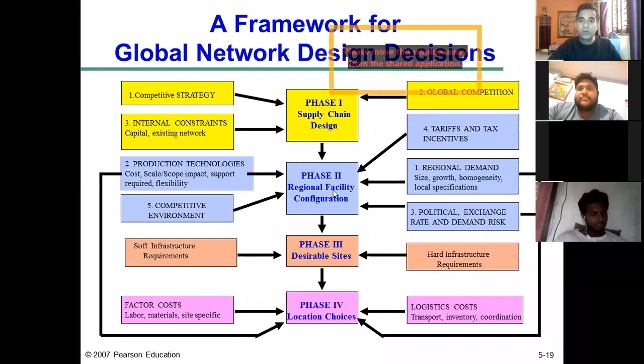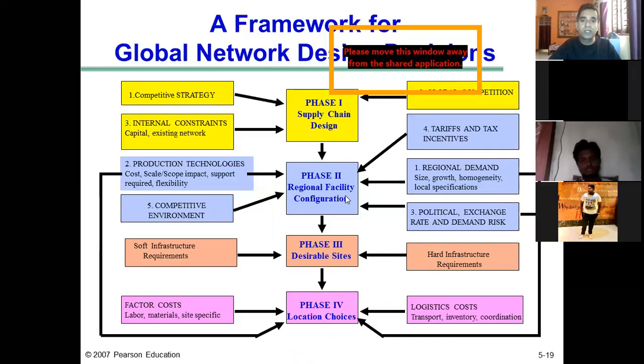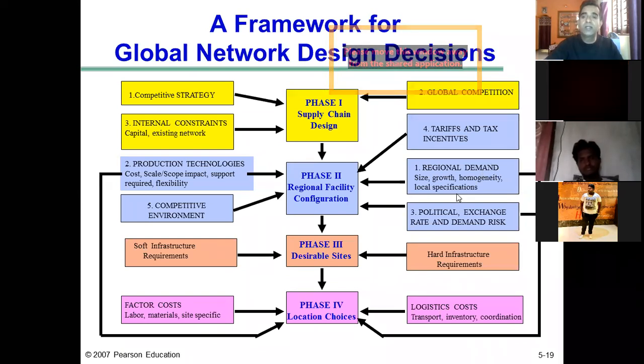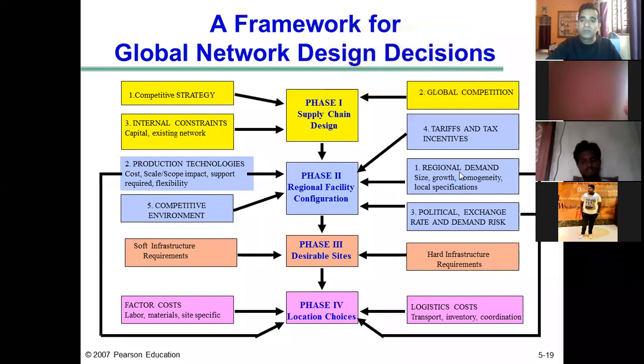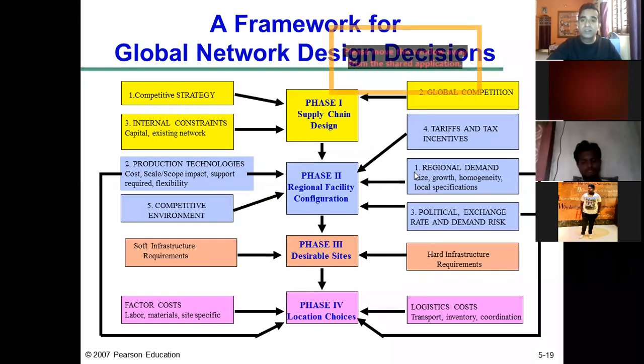And in phase 2, the company configures the regional facilities. So I repeat, in phase 2, the company configures the regional facilities. So here the first factor to be considered is regional demand. You can consider either a continent as a region or a country as a region depending on the study. So if I consider India as one region, for example, for a new multinational company, they need to consider the size of the market or size of the demand.